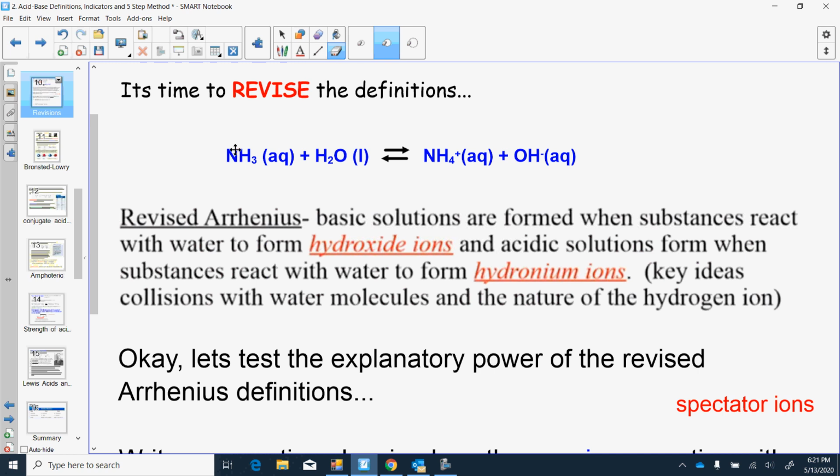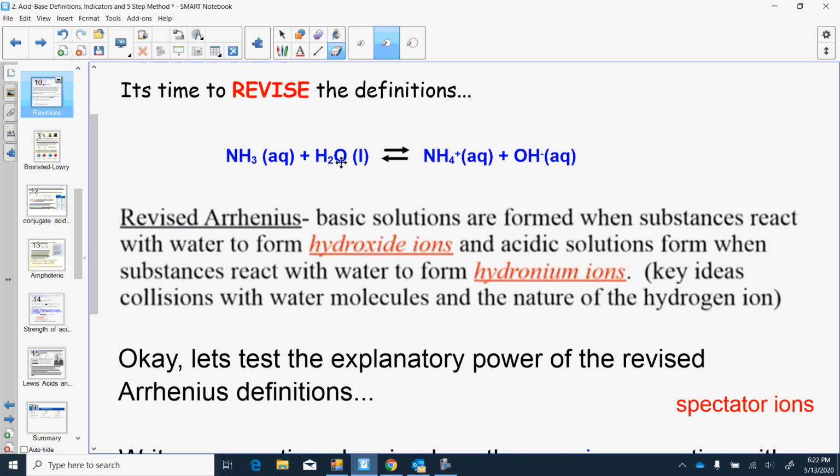This molecule didn't have its OH, but when it's in partnership with water, it can take one of those H's away, and it can still create OH negative ions. So Arrhenius said, you might not start out with the H, but if, in accompanying water, you can create an OH, then you can act as a base. So ammonia itself has none of the telltales that it's an acid or a base.